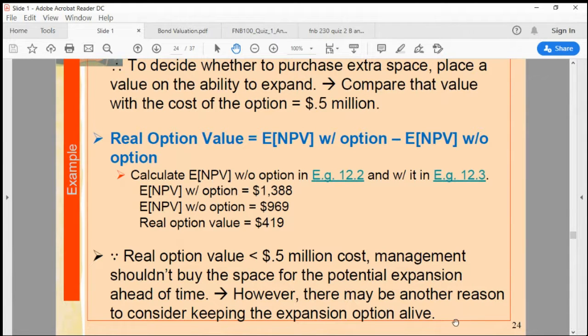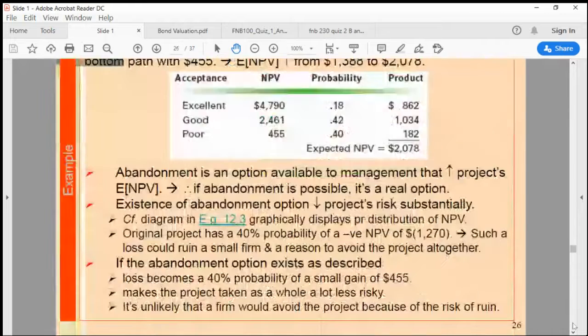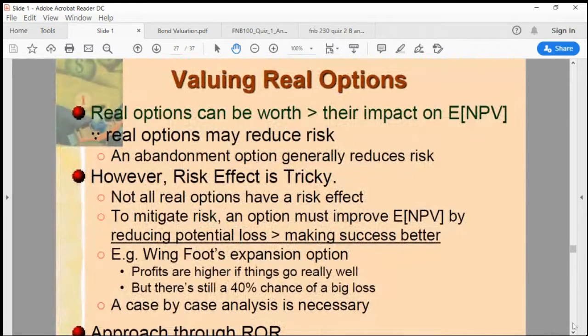But because of another reason, which is the value of the abandonment, it can be worth more than the impact on the expected net present value.